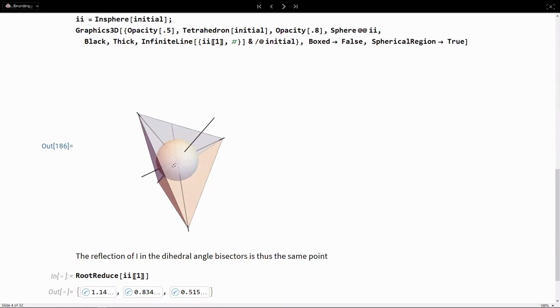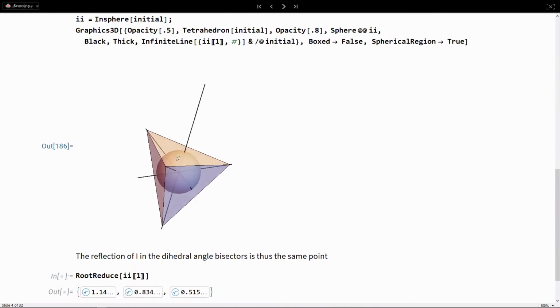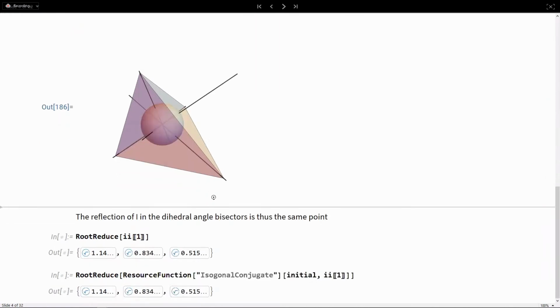You can think of these pairs of two lines as making the dihedral plane bisector, and it turns out they all intersect at a single point. If you reflect the incenter in the dihedral angle bisectors, you get the same point back, and we'll get back to that later.